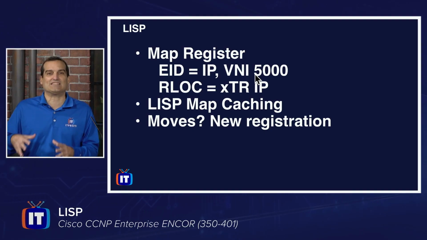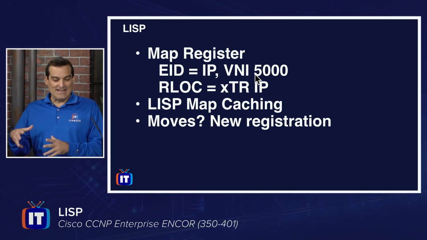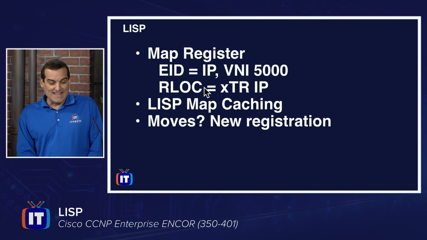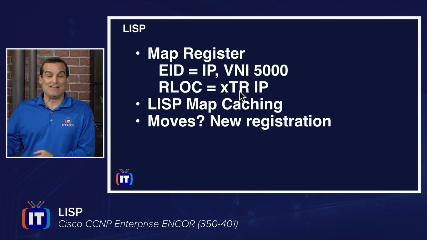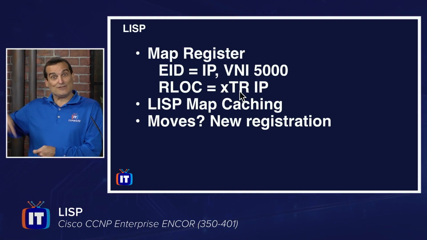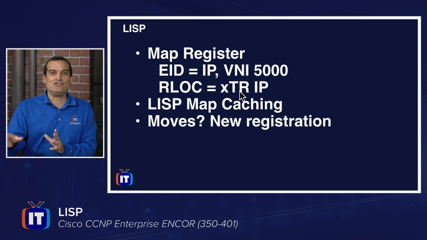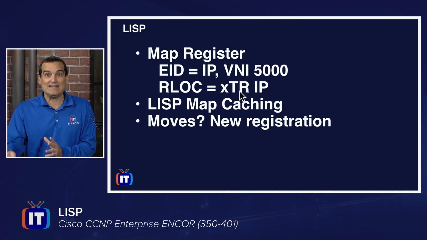That's the VXLAN info. So you see it's IP address and the VXLAN info. And then the RLOC is the IP address of that LISP tunnel router. So there's this information in the mapping database of where that host is.